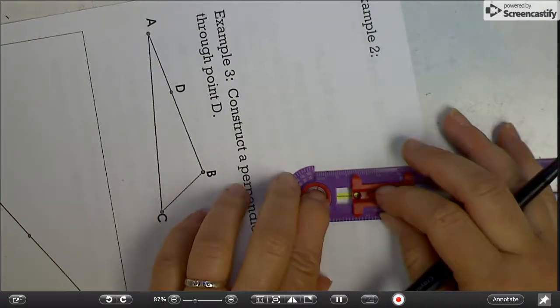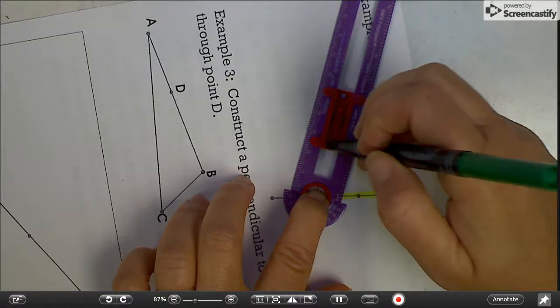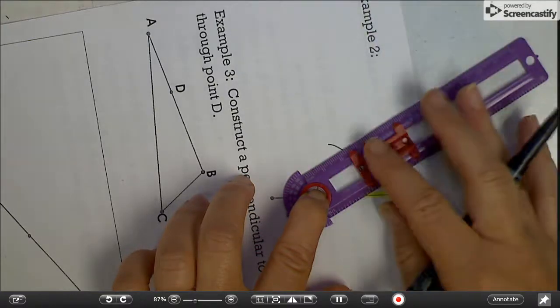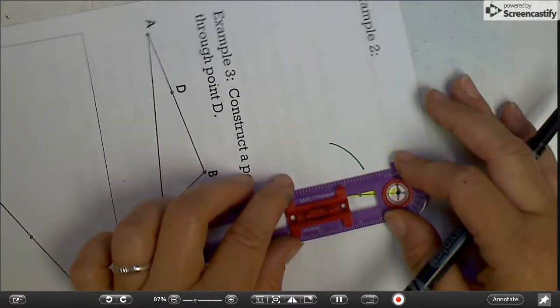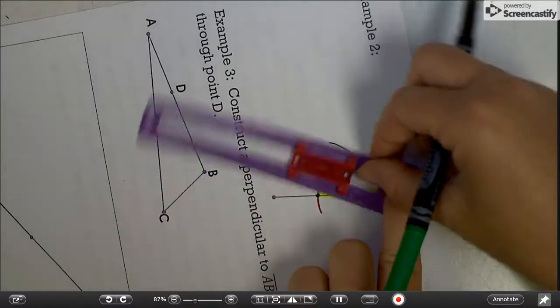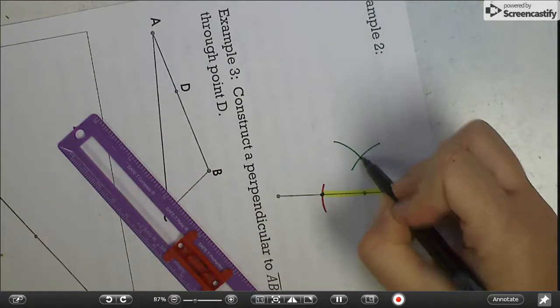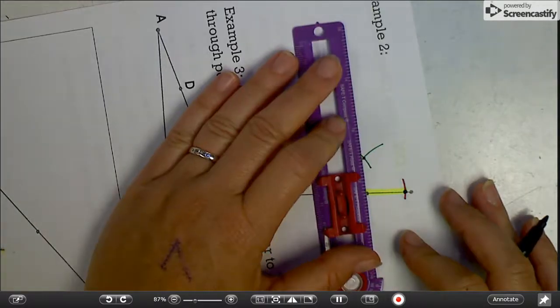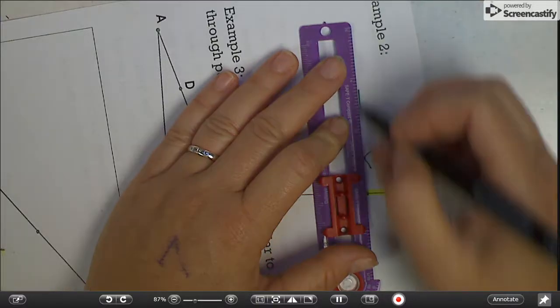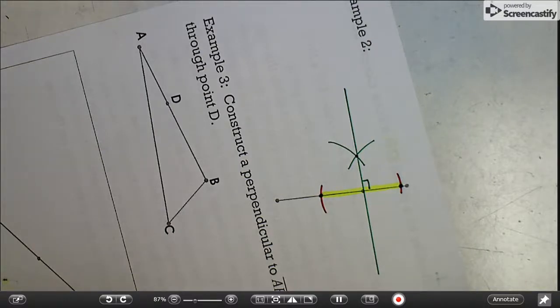So we put the compass on one of them, open beyond the midpoint, and I'm going to go above this time just for variation. Make a small arc above, turn over here to the other point you made, go up and make an arc. And then connect this point to the point you were given. And these would be perpendicular if I was a computer and didn't make little mistakes as a human.